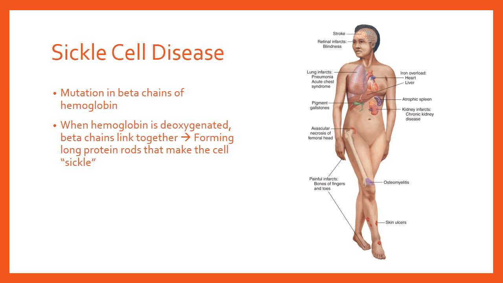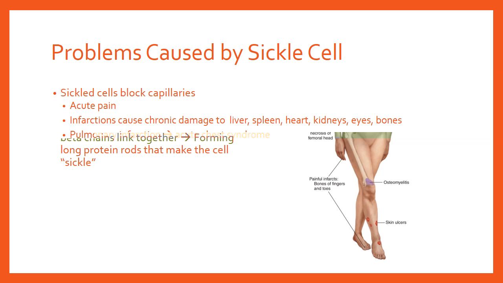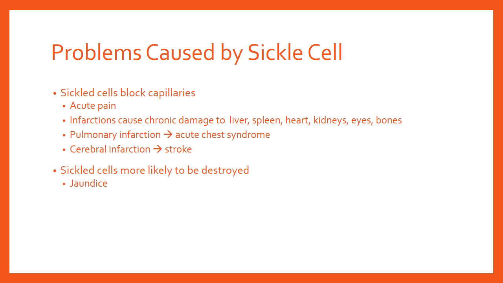The spleen will have potential atrophy, and also chronic kidney disease will develop. Blocking the capillaries by sickled cells will result in acute pain.